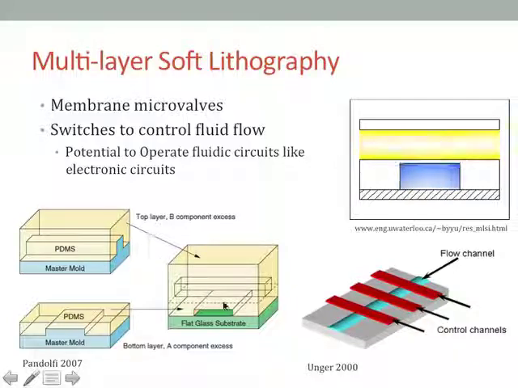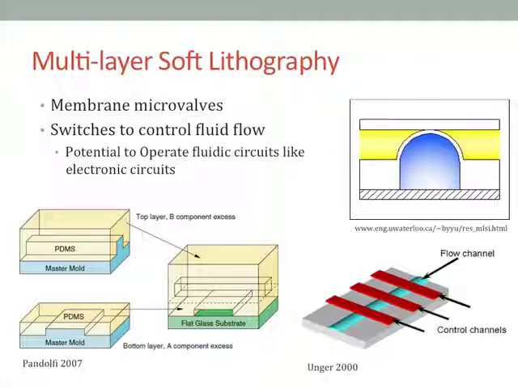When you stack them on top of one another, at the intersection points you get a thin membrane, and if you apply pressure to one side of the membrane, that inflates the membrane. That membrane then bulges up, and when it bulges up, you can use it to seal off a channel. So now not only do you have microchannels, you can have valves that control the flow of the fluids.